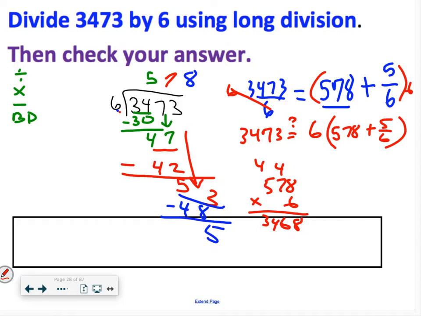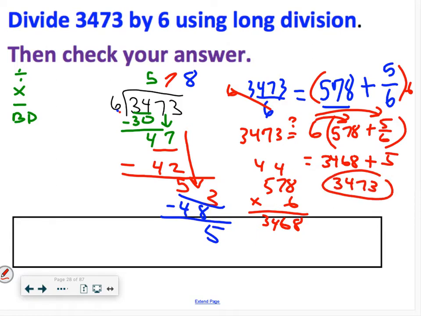We get 3,468. So that's what you get when you take 6 times that. And then if you distribute, 6 times 5/6 is just 5, because the 6's cancel over there, which does equal 3,473. So we can always check our work. And we can do the same type of check when we extend this idea to polynomials.